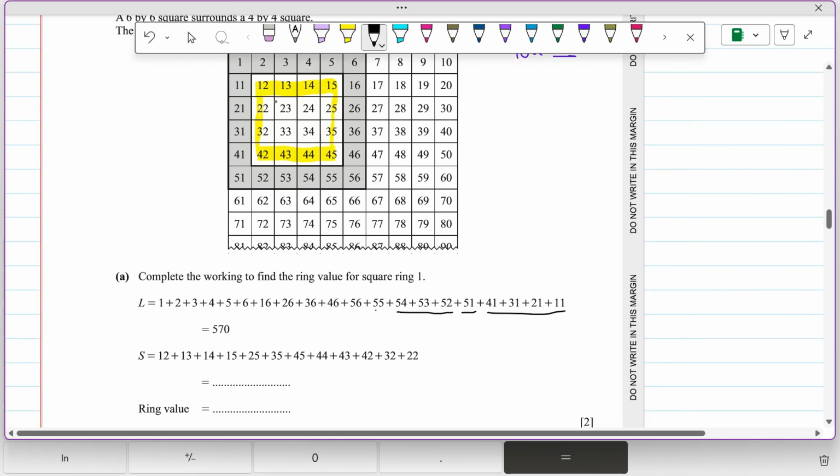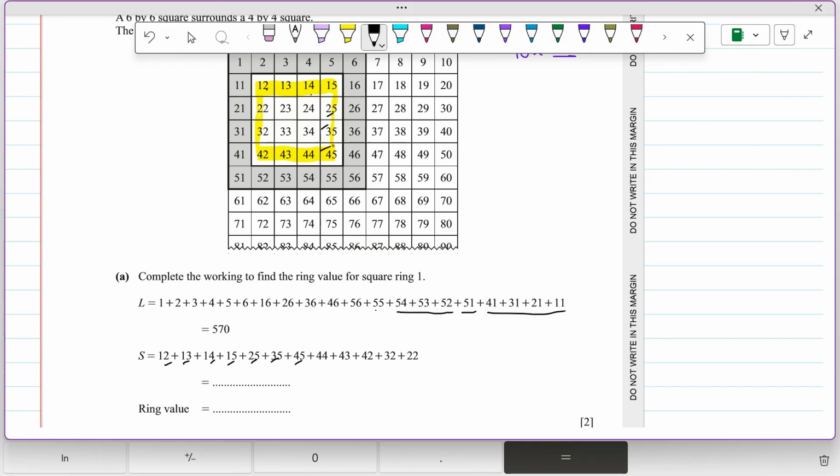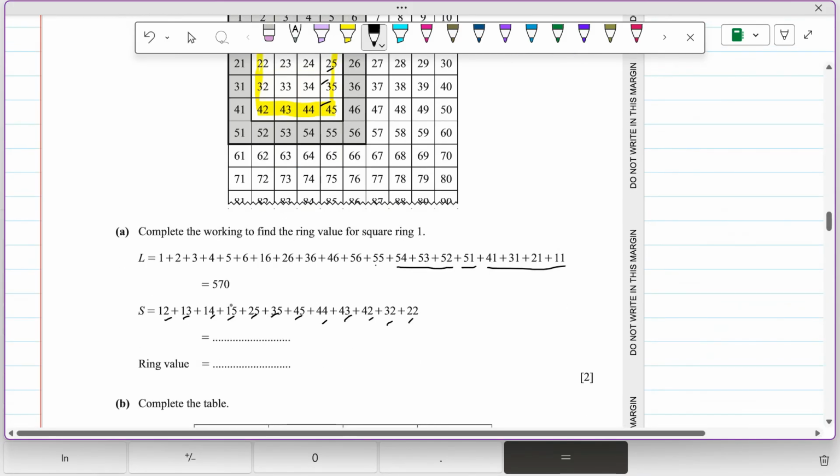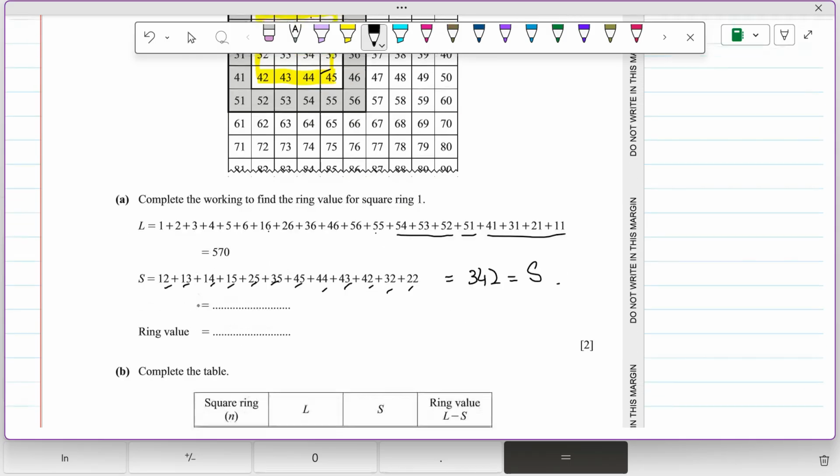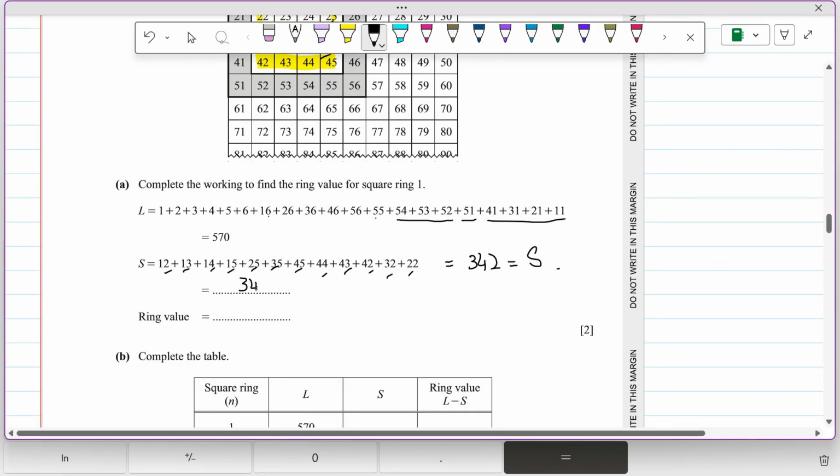When we add them, 12 plus 13 plus 14 plus 15, then 25, 35, 45, 44, 43, 42, then 32 and 22, we have 342. And this is S, the sum of the values of the small square. So we will write 342.